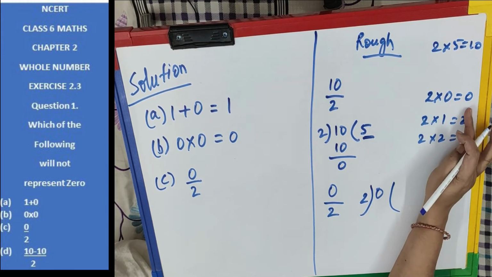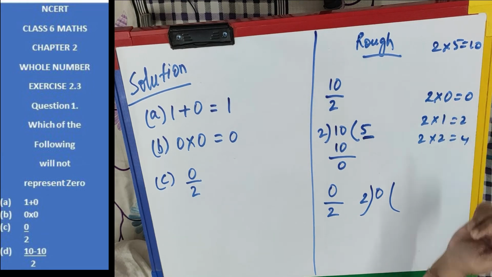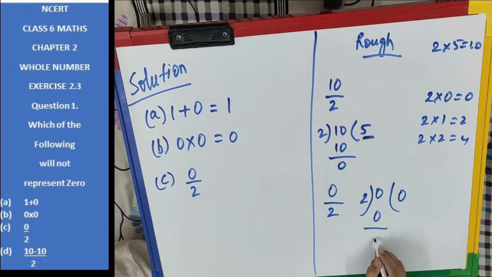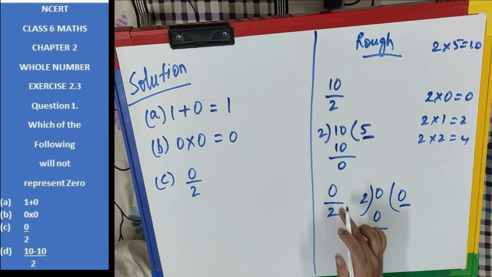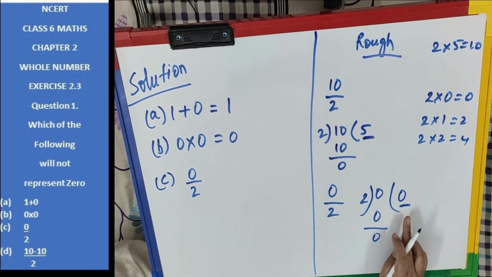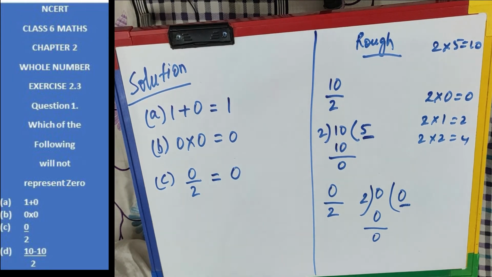So 2 zeros are 0. In 2's table 0 comes 0 times. Now the remainder will be 0, and the answer we got is 0. So when 0 is divided by 2, the quotient is 0, which means the answer is 0. So we can write it as 0.